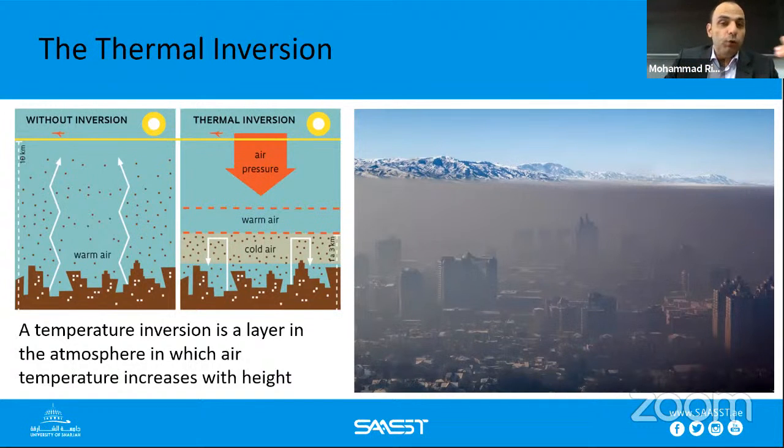So if at any height you have an air mass that is warmer than the rising air mass, it looks like a barrier or a roof for the air.